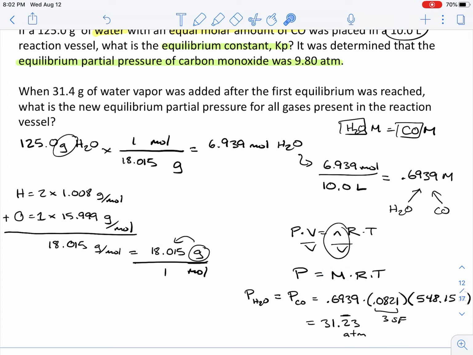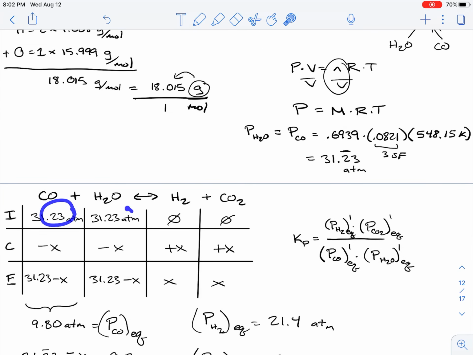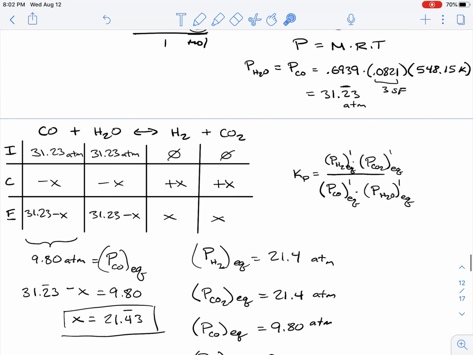And what prompted us to convert molarity into partial pressure is because the equilibrium is in partial pressure units or atmosphere units, not concentration units. And so therefore, the initial amounts must be in atmosphere, not concentration units.